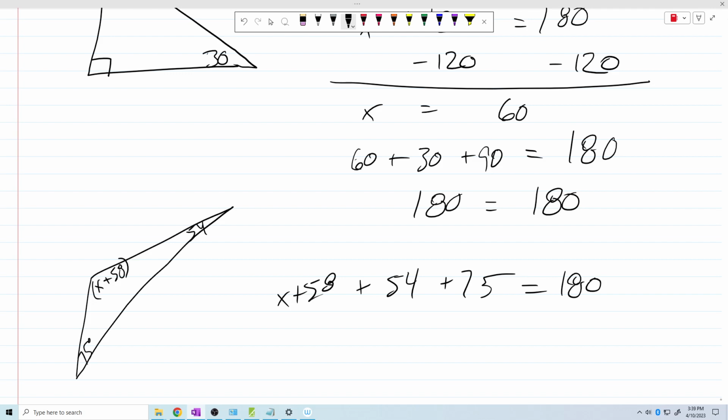Solve your equation. Combine these few like terms together, you add all that up, and it comes out to be 187.